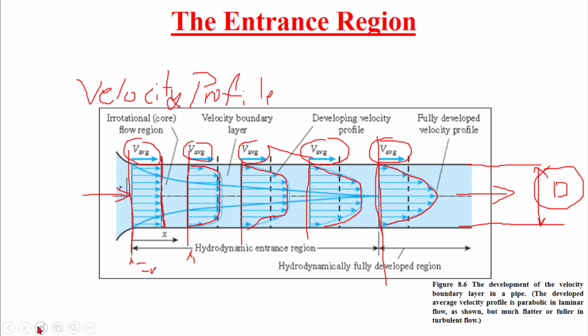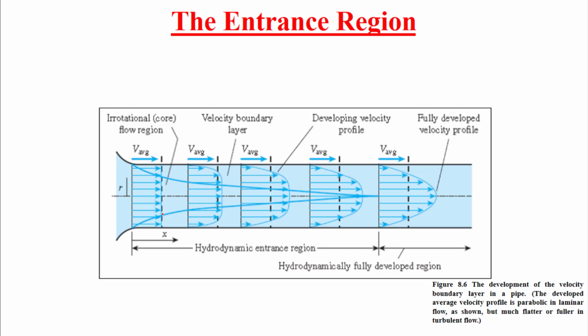Now, how about the regions? The region where the profile is developing from one location to another until here. Here is the moment where the profile becomes developed. So if I take another location, this shape will repeat over and over.